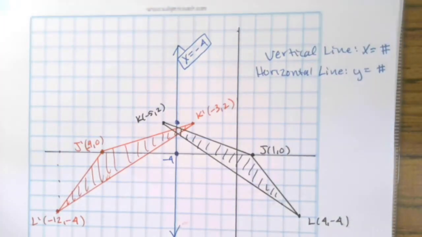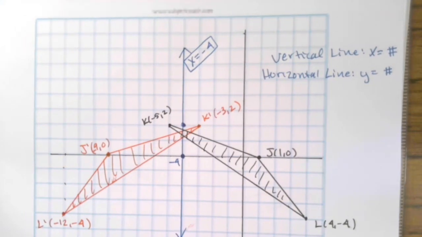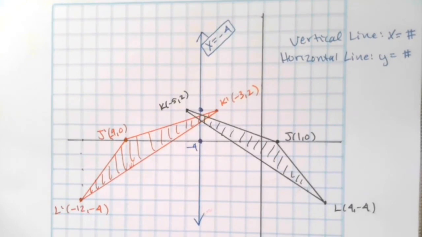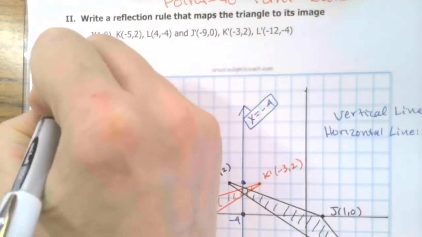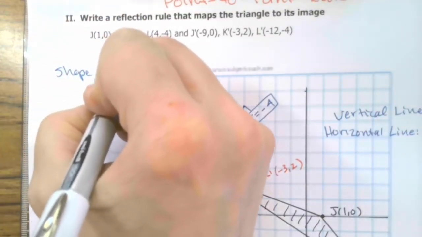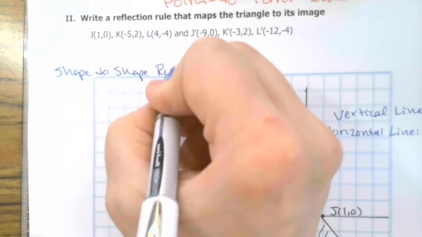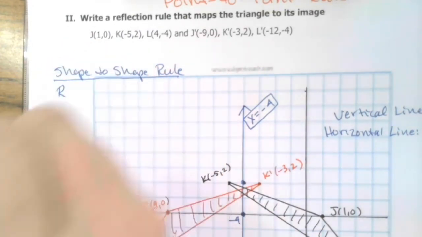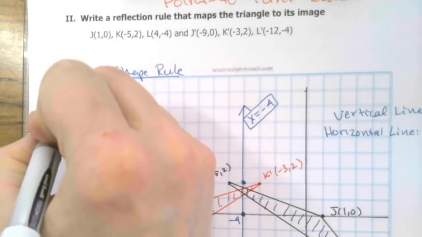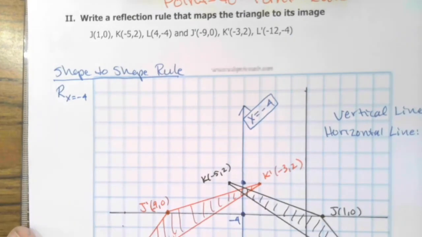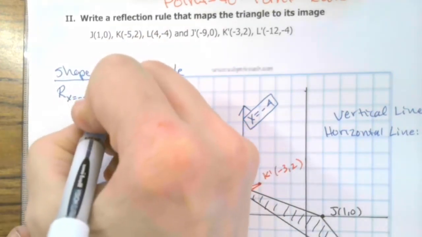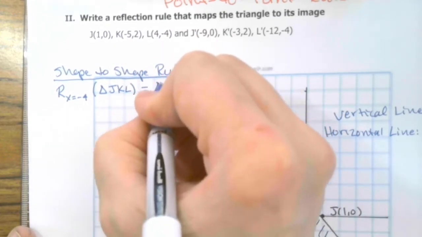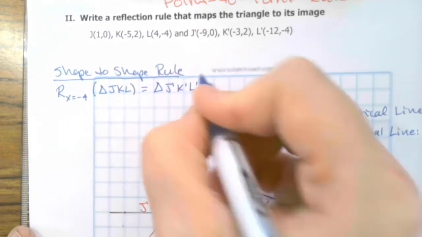All right. So if we had to write the shape-to-shape rule, this would be capital R for reflection across the line x equals -4. That goes in the subscript of triangle JKL is equal to triangle J prime, K prime, L prime.